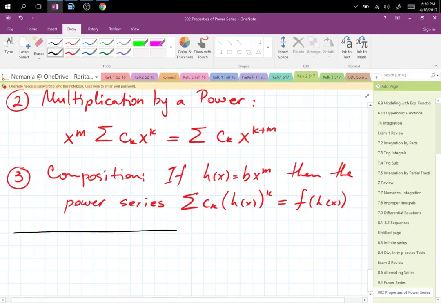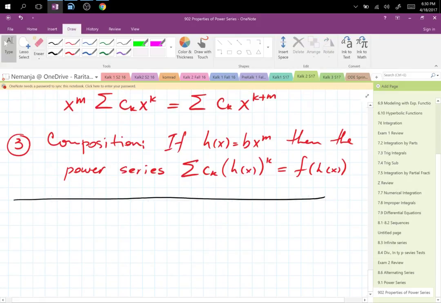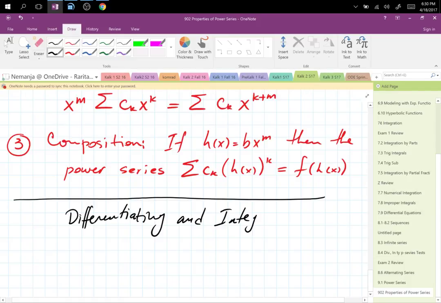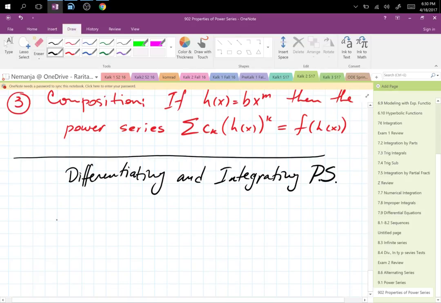So let's define differentiating and integrating power series, PS. Is this chapter 9.2? Yep. Do it term-wise.